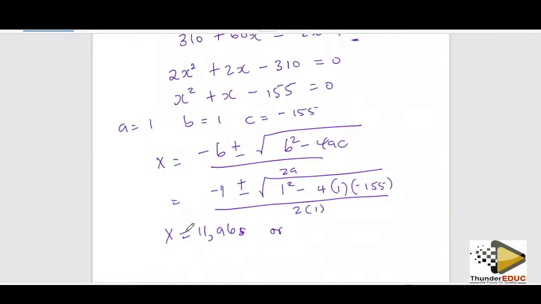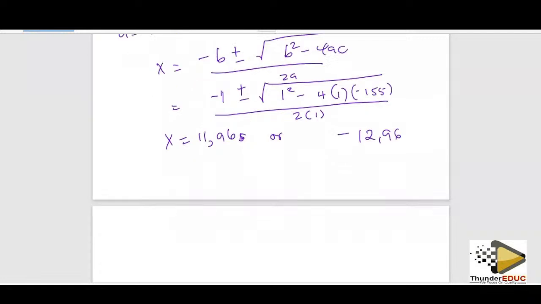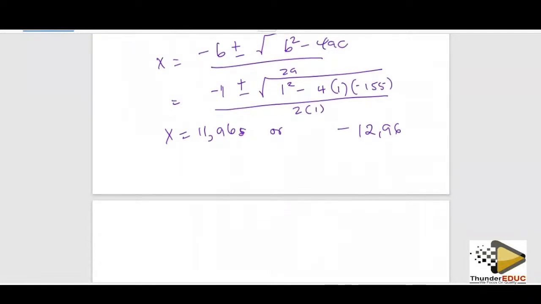Or if I change my sign to minus, then I'll have negative 12.96 kilometers per hour. Okay, but we know that speed can never be negative. So in most cases, we're going to eliminate the negative answer and just focus on the positive. So our x is 11.96.